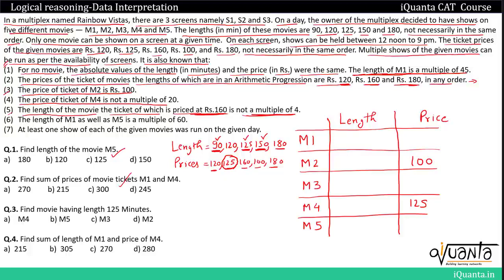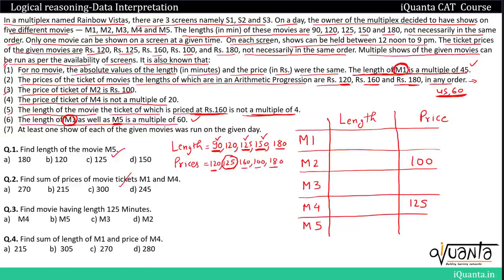So let us move to the sixth clue. The length of M1 as well as M5 is a multiple of 60. Now we can see that we have M1 whose length is a multiple of 60, and in the first clue we had M1 whose length was a multiple of 45. So from point 1 and point 6 we can say that the length of M1 is a multiple of 45 and also of 60.